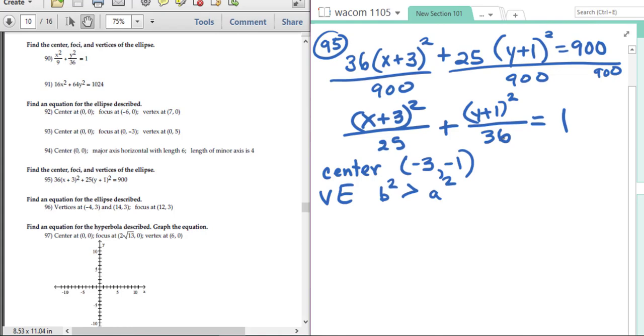You could draw the picture, or you could add 6 to this vertical component. So -3, 5. And subtract 6, -3, -1 minus 6 will give us a -7. That is your vertices.